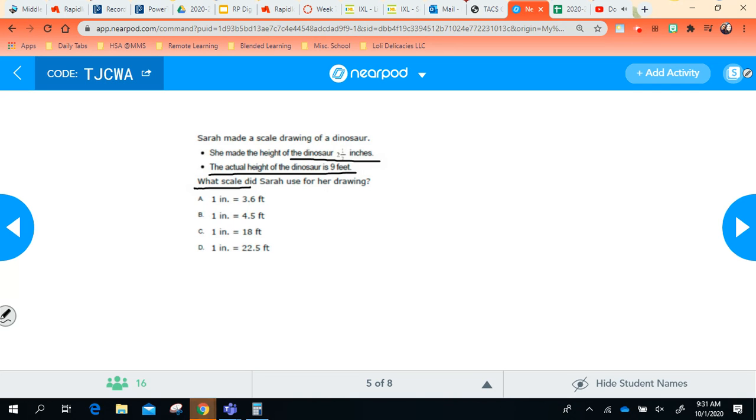So when we read that question, it's basically asking us, what is your scale? What is your scale factor? So we need to find our scale factor. That's what I'm looking for.